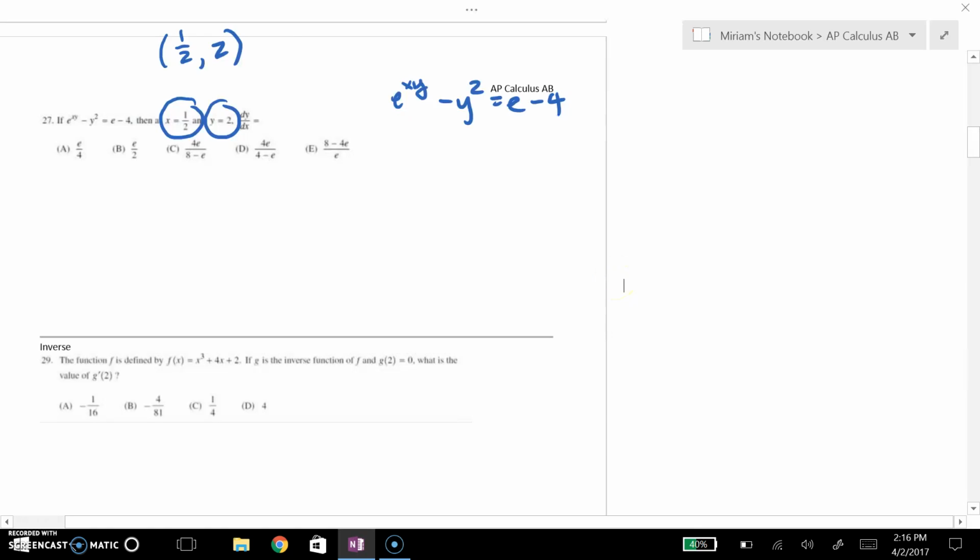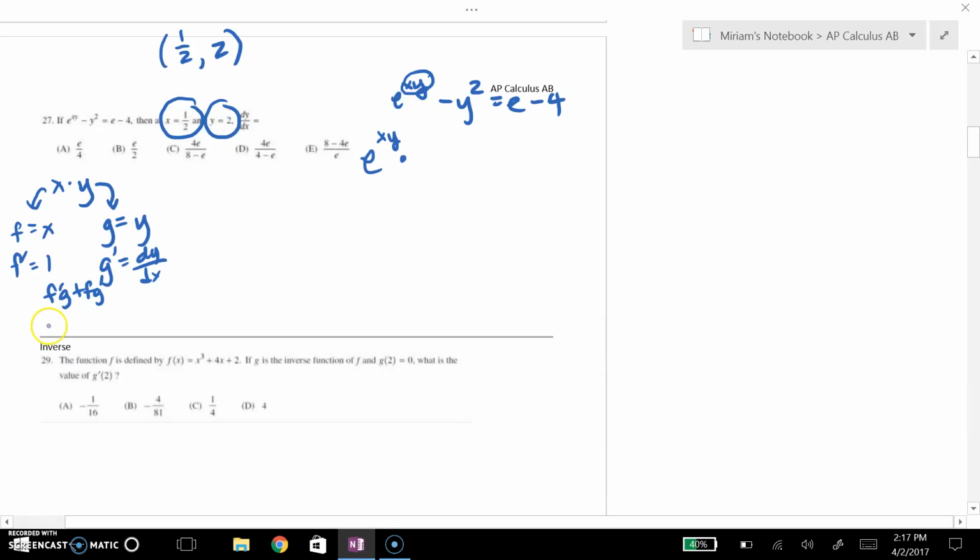So e to the xy will be e to the xy times the derivative of xy. So I'm going to do the product rule. F prime and g prime. Put them together: 1 times y plus x dy over dx.